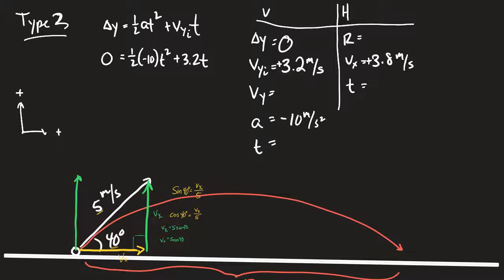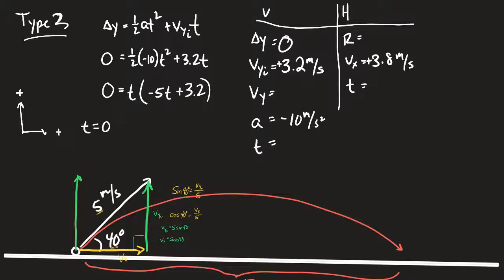And I want you to do good math. So you should factor out a t. And you should set both of these equal to 0 so that you get two answers.